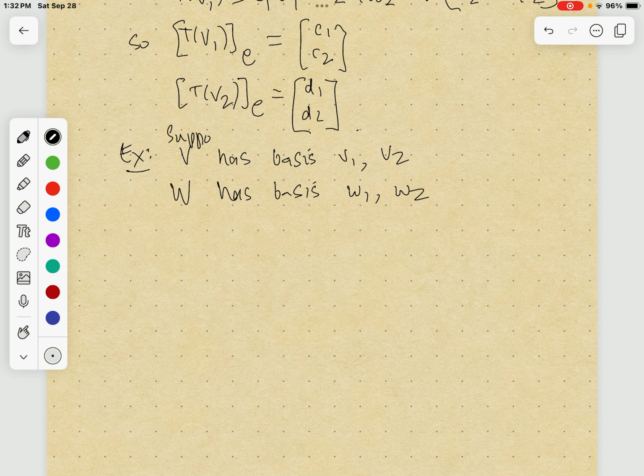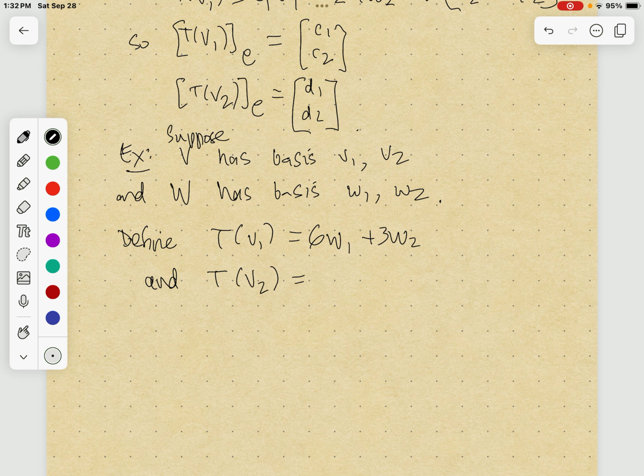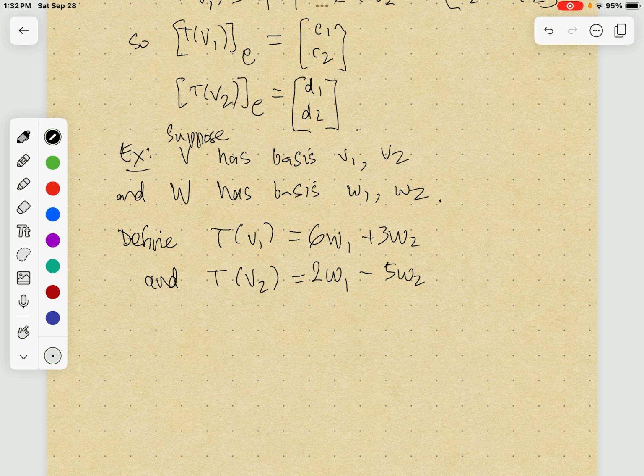And suppose that I define a linear transformation T, and this linear transformation sends T of V1 to 6 W1 plus 3 W2, and T of V2 is 2 W1 minus 5 W2.